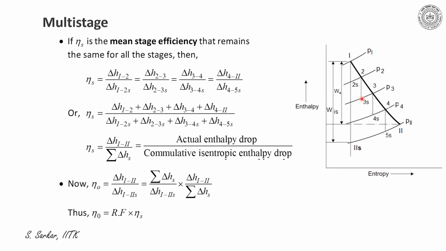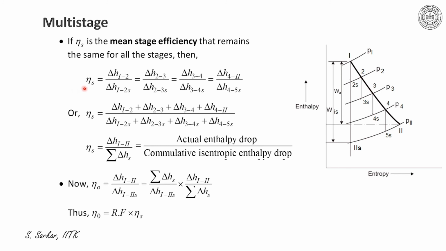These are all the points where the expansion is considered isentropic. So thus, stage efficiency can be defined as the ratio of actual enthalpy drop divided by isentropic enthalpy drop for the stage.